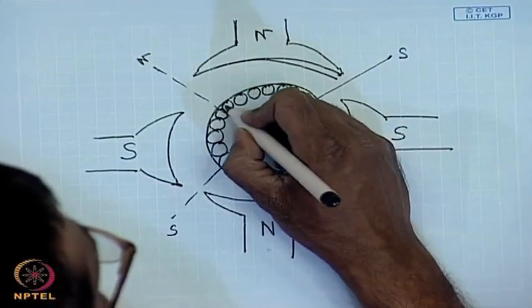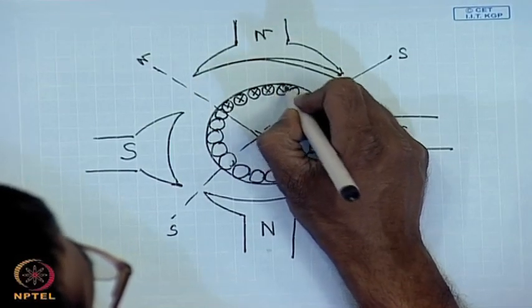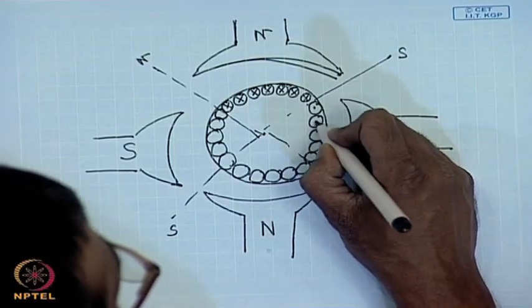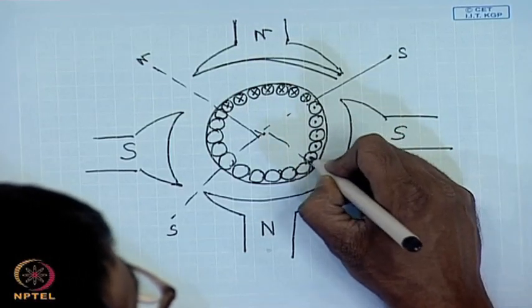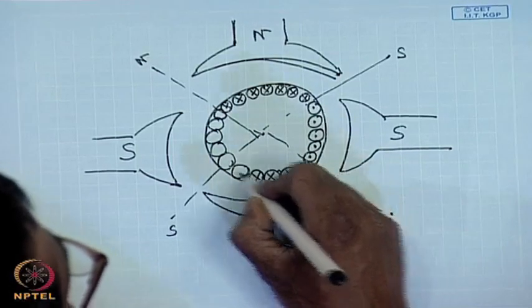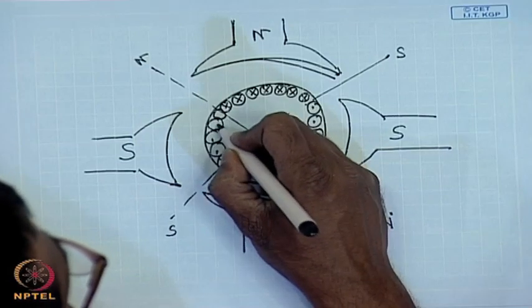That is, if these are cross from one pole, these should be dots, then again cross, then again dot.